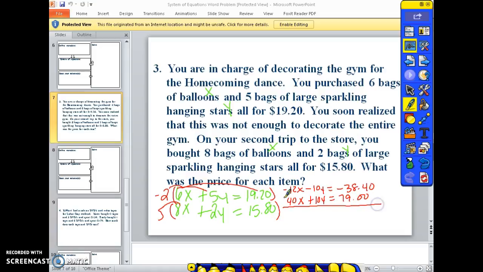Now that I have opposites, I can add. Negative 10Y plus 10Y is 0. Negative 12X plus 40X is 28X. And negative 38.40 plus 79 is 40.60. Sorry, 40.60. Divide by 28.